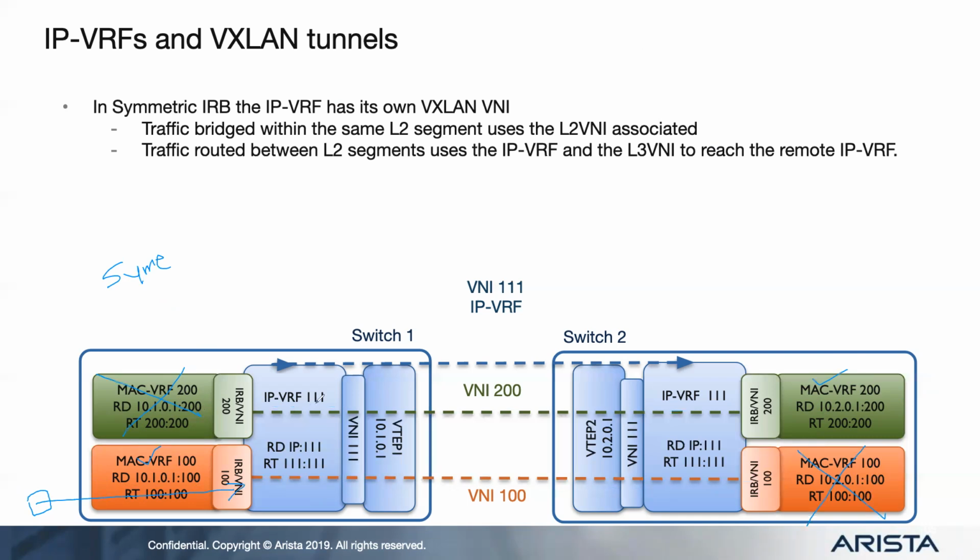Now you have a common VRF, this blue, right? And also an associated dynamic VLAN with this and VNI 111. Once this packet reaches the gateway, it will check the destination IP, and you will have a route for that destination VLAN, and that will tell you to send this packet over this VNI or using this VRF to this VTAP2 IP address.